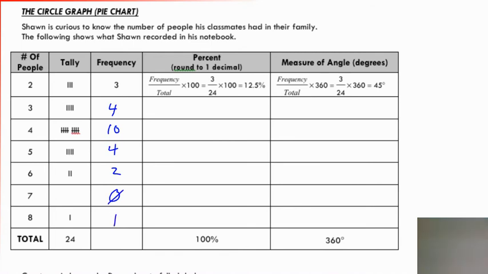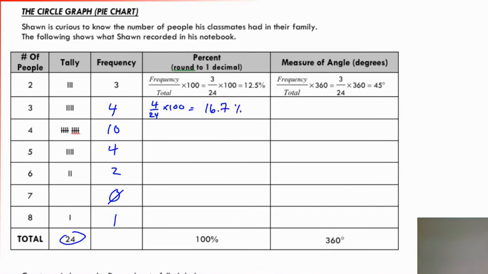Okay, so we have 4 out of 24 times 100. Well, what does that get us? 4 divided by 24 is 0.1666666, so times 100 is going to give us 16.7%.